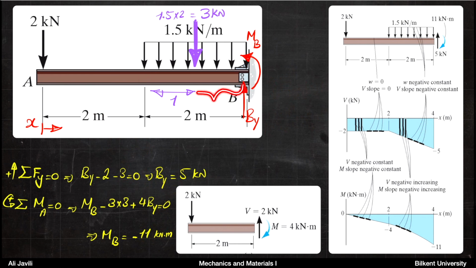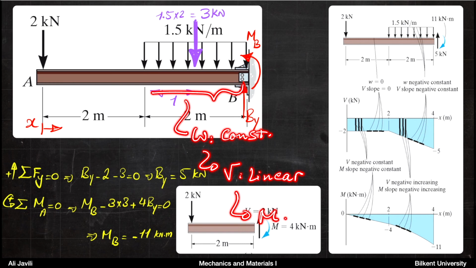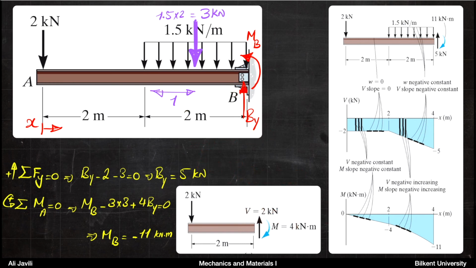Then for the second portion, W is constant, therefore V is linear, and M is quadratic. From A to the center, it's very easy to draw the diagrams.